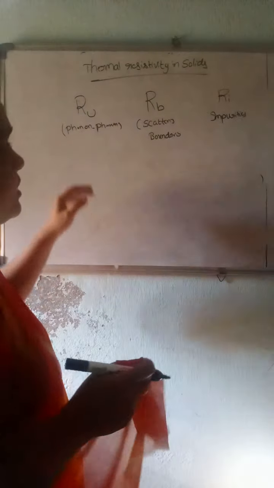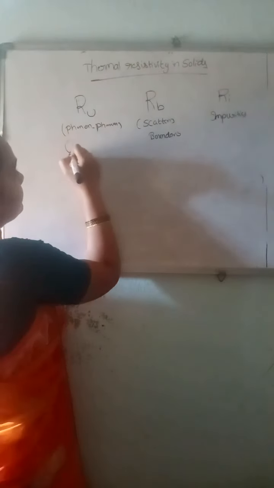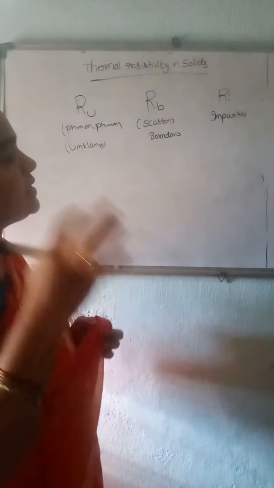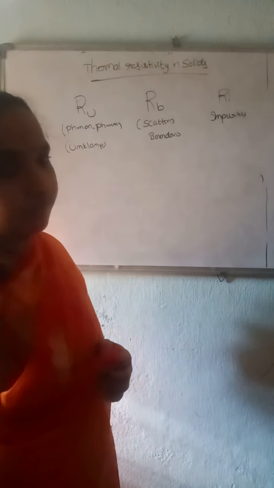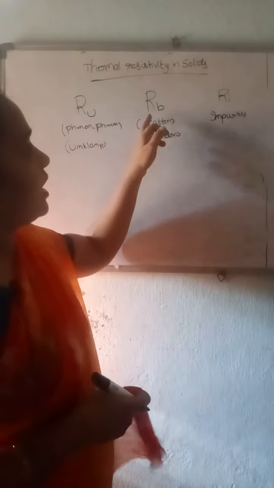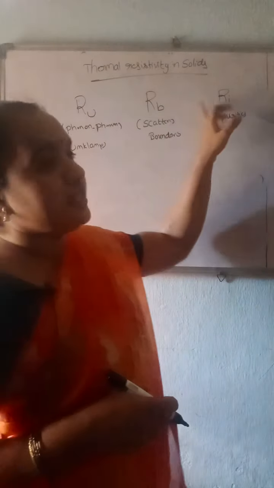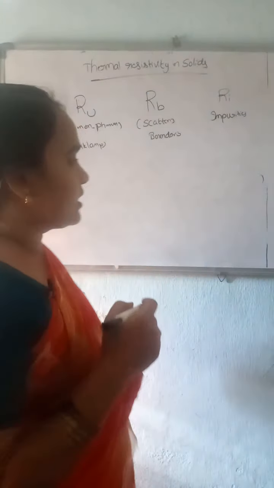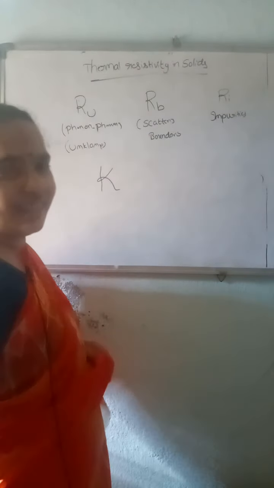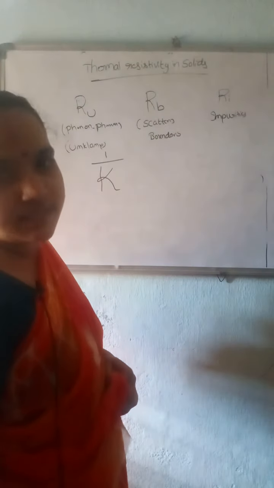Ru is the resistance due to phonon-phonon scattering, called the Umklapp process. The second is the resistance offered due to scattering of the phonons at the boundaries of the crystal, called Rb. Boundaries is B. U means Umklapp, I means impurities. We have all studied that thermal conductivity is indicated with the letter K. The inverse of thermal conductivity is resistivity.